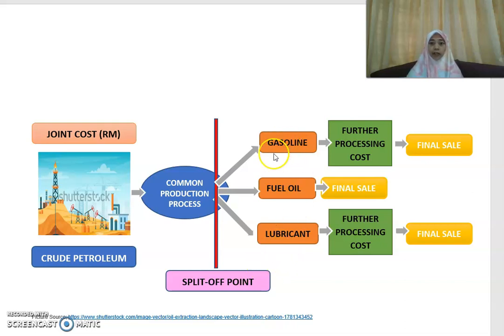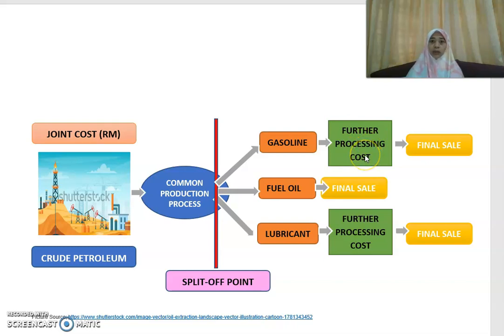Okay, after you have this, some of these products you can straight away sell, and they will have the final sales value. Sometimes your product will need further processing costs or additional processing costs. If you incur any processing costs after this, it is easy.